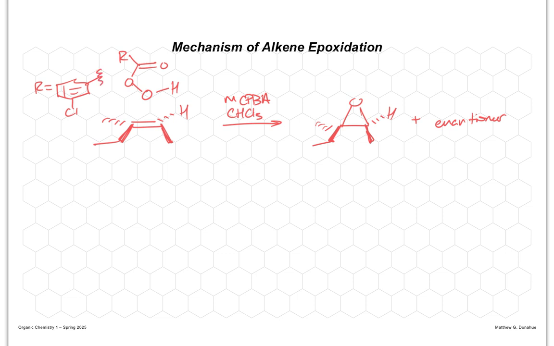So I'm just going to abbreviate the aromatic ring, call it R. So I drew the peroxy acid in that conformation for a reason, because we're going to push a lot of arrows here, and normally you don't push so many at once.